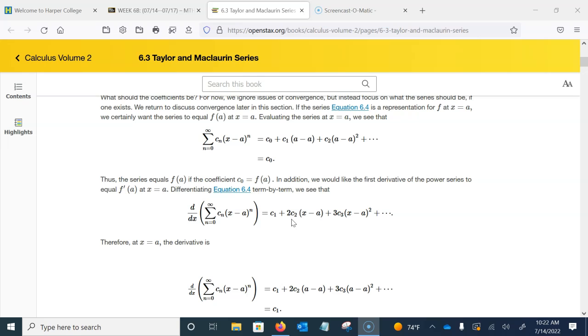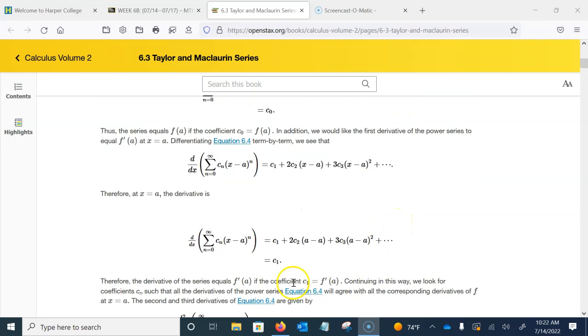They're just applying the power rule term by term. So here's my expansion for the derivative of f. Now, if I plug in a, all of these terms will vanish, and I'll be left with only c1. So evidently, c1 is equal to f prime at a.